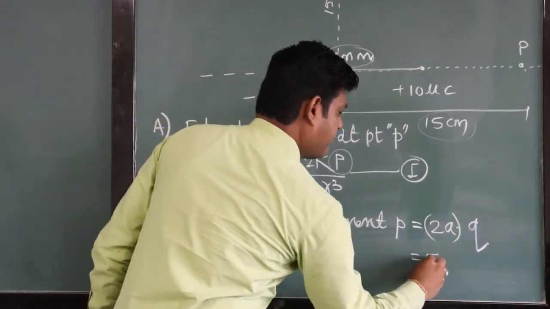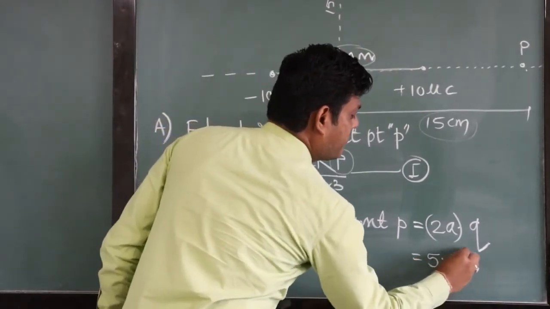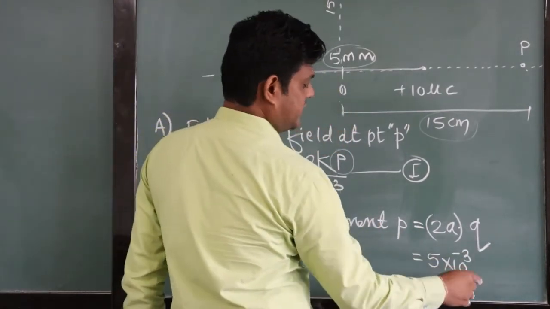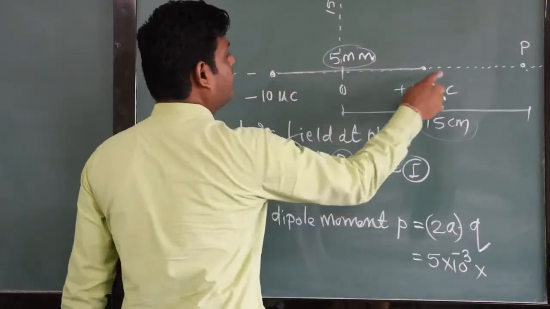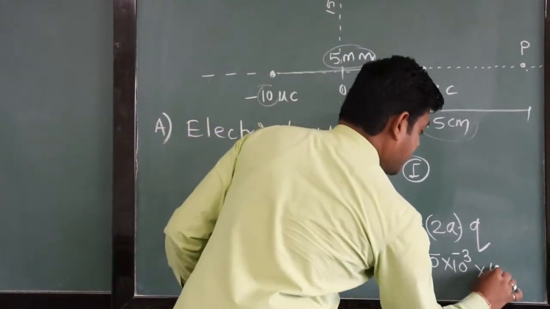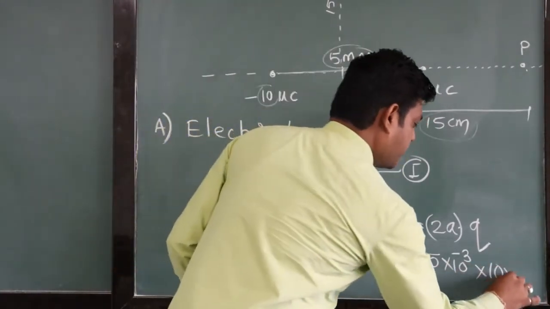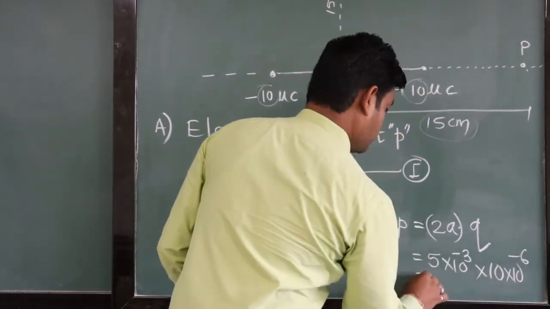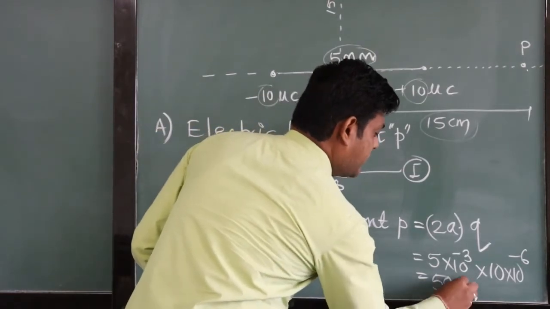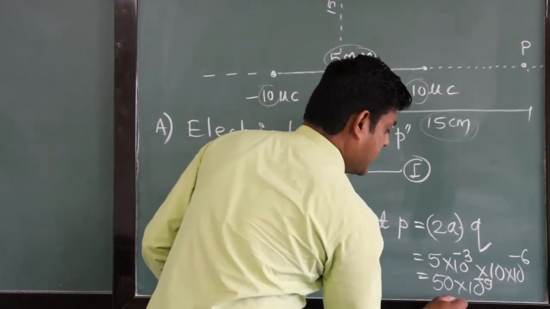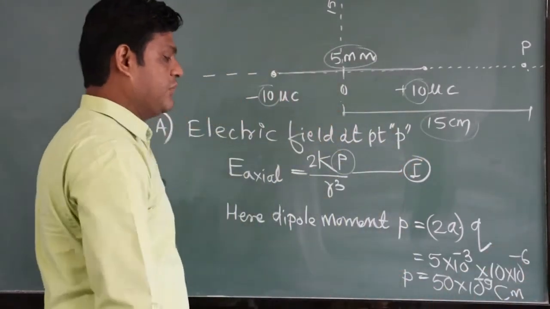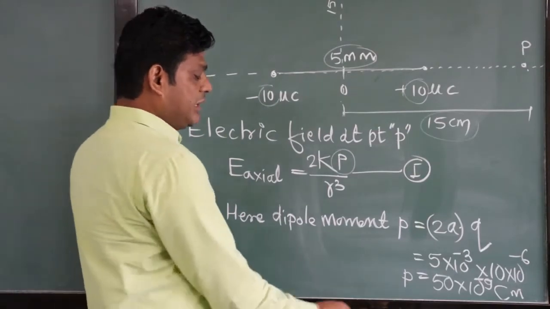So write down 5 into 10 to the power minus 3 meter, into q, the magnitude of q. It is minus 10, it is plus 10, take the magnitude, so it is 10 micro, means 10 to the power minus 6. After solving this, you will get near about 50 into 10 to the power minus 9 coulomb meter, which is the SI unit of dipole moment. So this is the value of p.